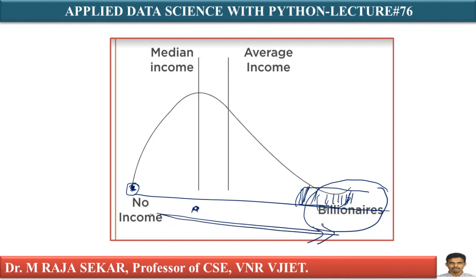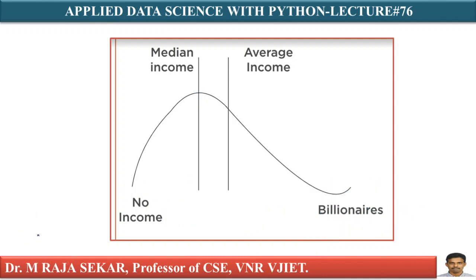As I go from left to right, income is increasing, but more income, fewer people. If income keeps on increasing, the curve keeps going down, which means the number of people with more income is very small, isn't it? But with no income or less income, there are more people. Just try to correlate this lecture with lecture number 73 so that you can understand.